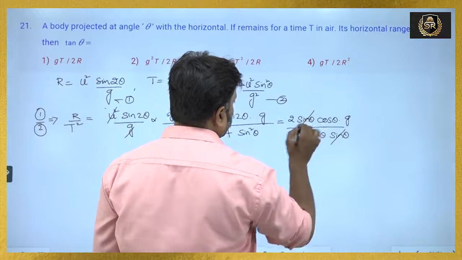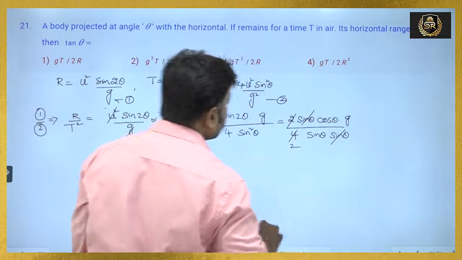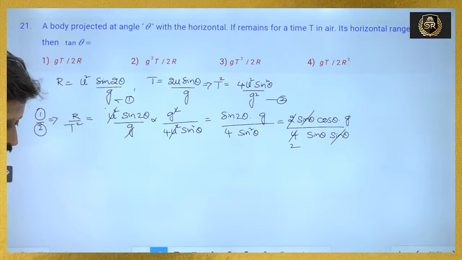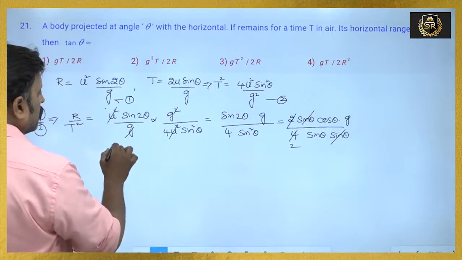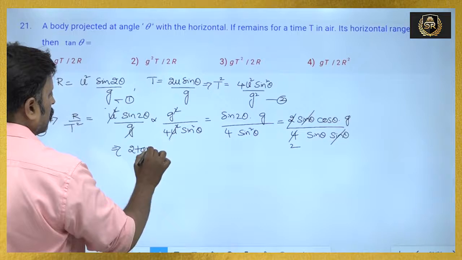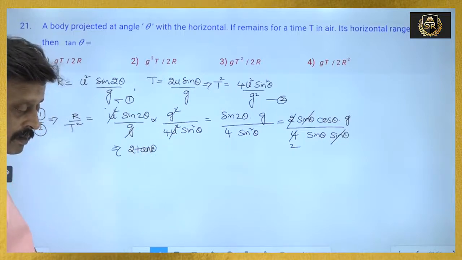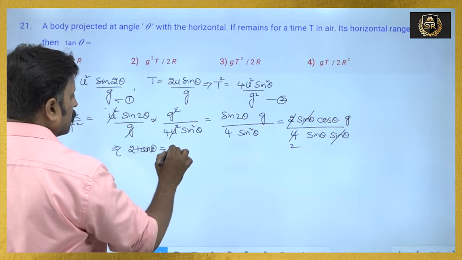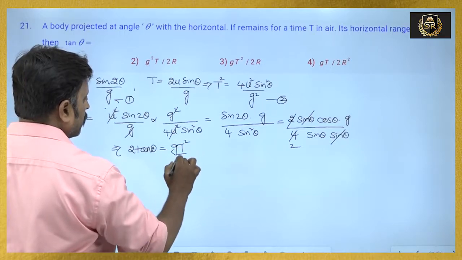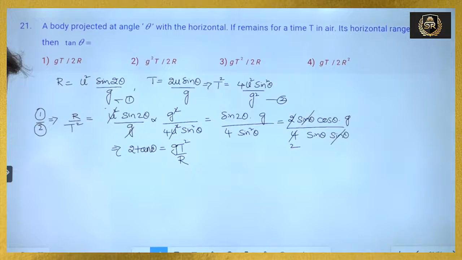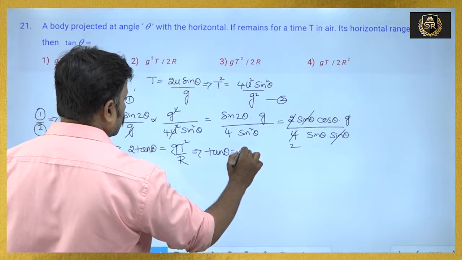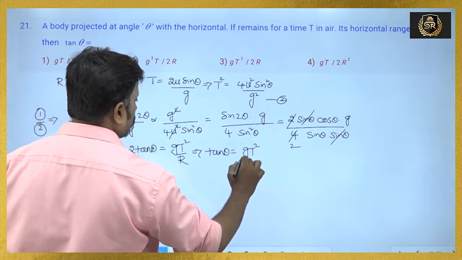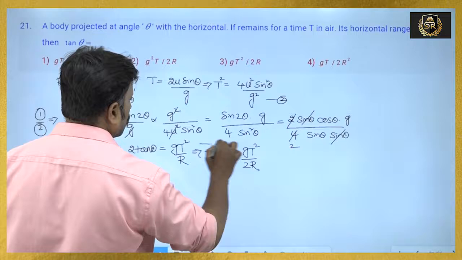Okay, sin theta can cancel, 2 goes into 4 two times, so you are left with 2 tan theta is equal to gt square by R. Okay, on this, I write tan theta is equal to gt square by 2R.